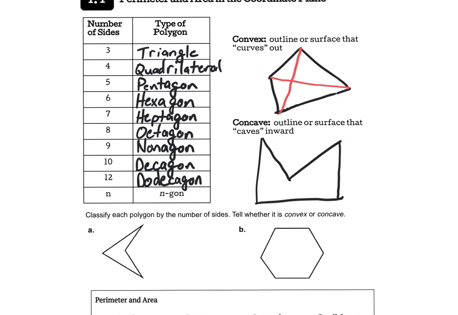But if I were to go from one side across here, I can't do it without touching this inner point right here, okay? And so, for instance here, if I were to connect those 2 points together, it's outside of the figure rather than all inside of the figure. So when you connect vertices together, are the vertices connected all inside, or is some of the line on the outside of the figure? That's another way you could tell.